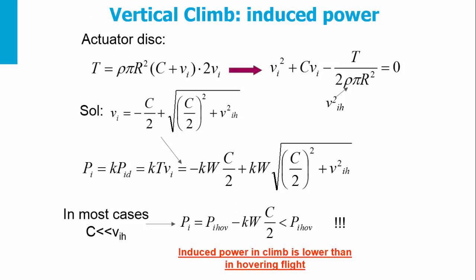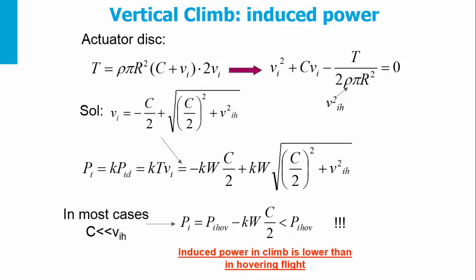If we go back to the induced power, to the actuator disk theory, we can rewrite the actuator disk theory for the vertical climb and obtain an equation for the induced velocity.